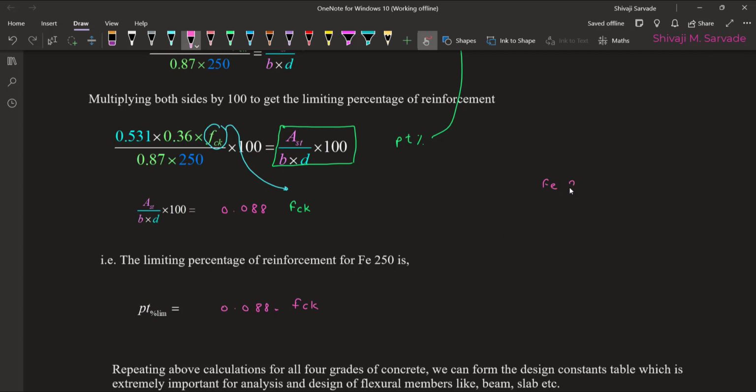Now I have 4 grades of steel, namely Fe250, Fe415, Fe500, and Fe550 also. So I'll have to repeat all these calculations to get all the design constants for each grade of steel. Instead of doing these repetitive calculations, we can use Excel.